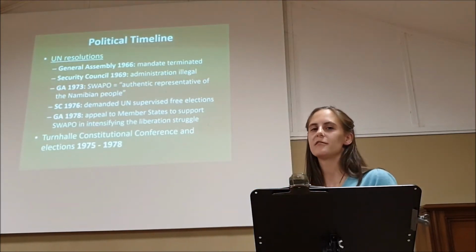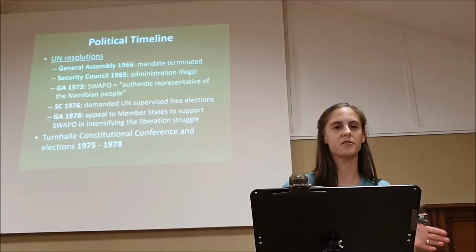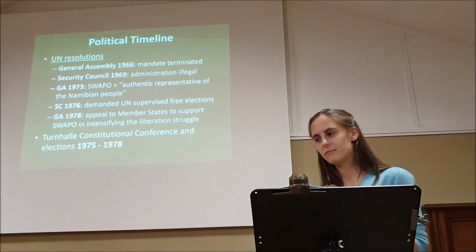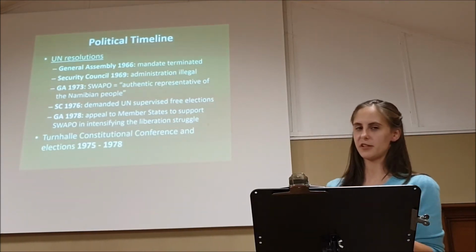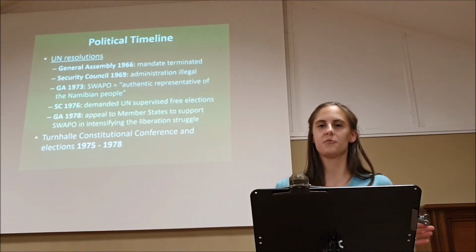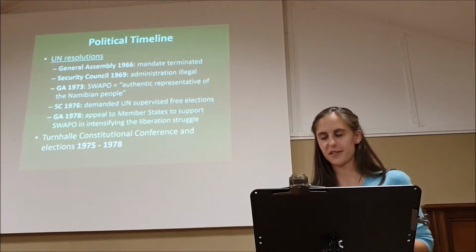So you see already, not Southwest African people, Namibian. So the United Nations already decided that Southwest Africa is Namibia and the country's sole representative is SWAPO, not the other liberation movements that also existed at that time.